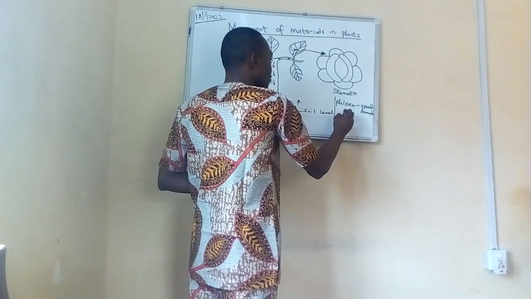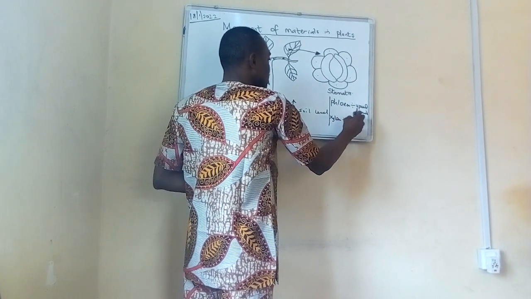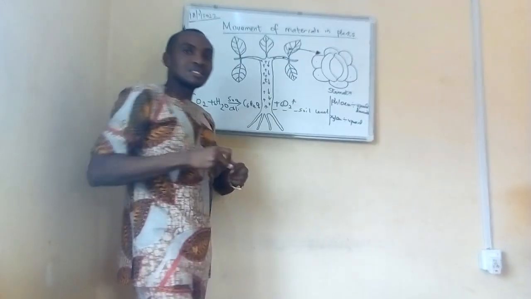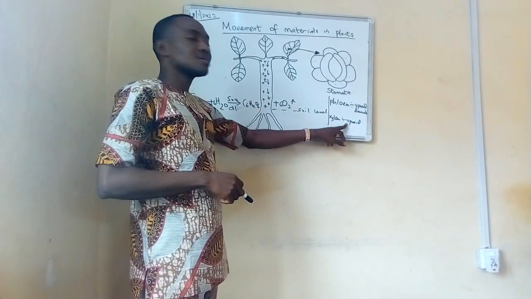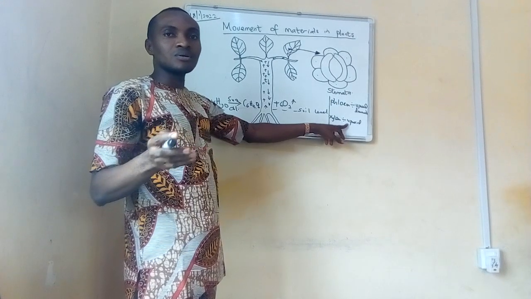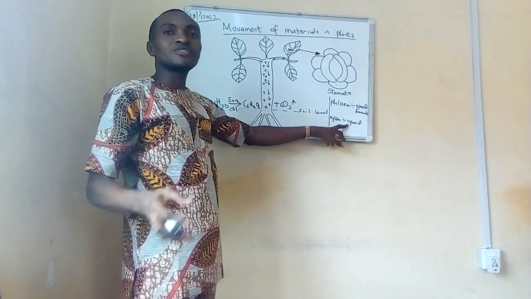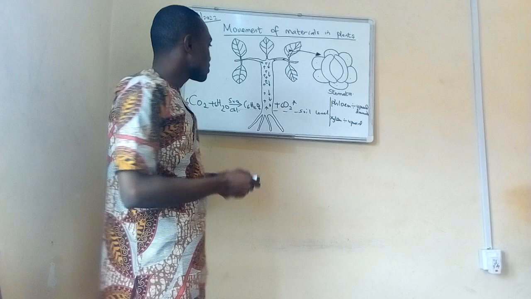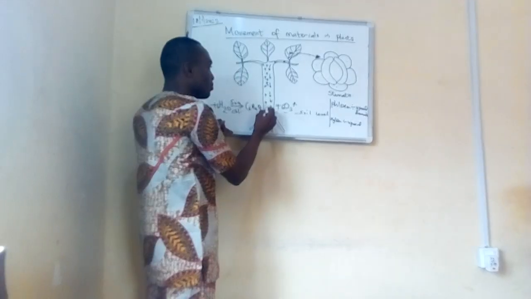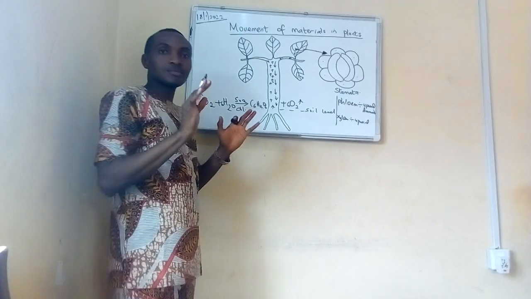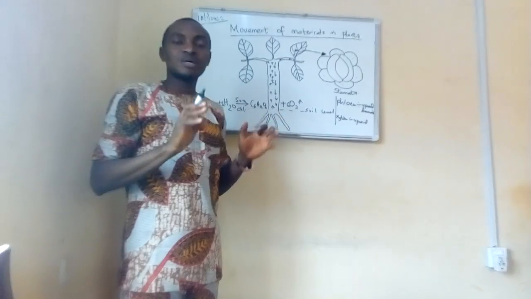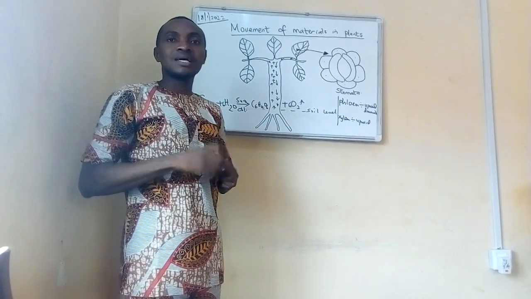In the xylem, upward. That means in the xylem, materials like water or mineral salts absorbed by the root system find their way upward only. So invariably, movement of material in the xylem is in an upward manner.